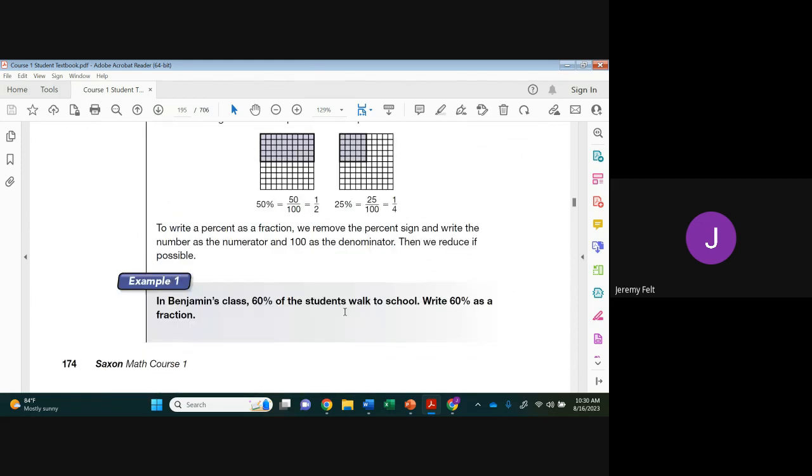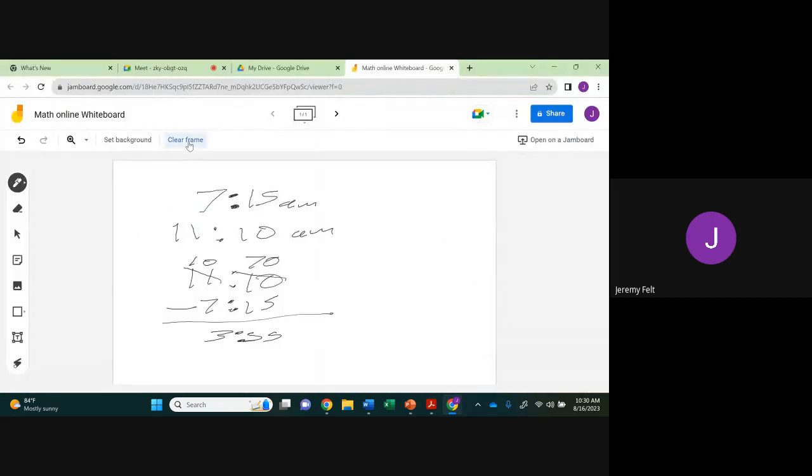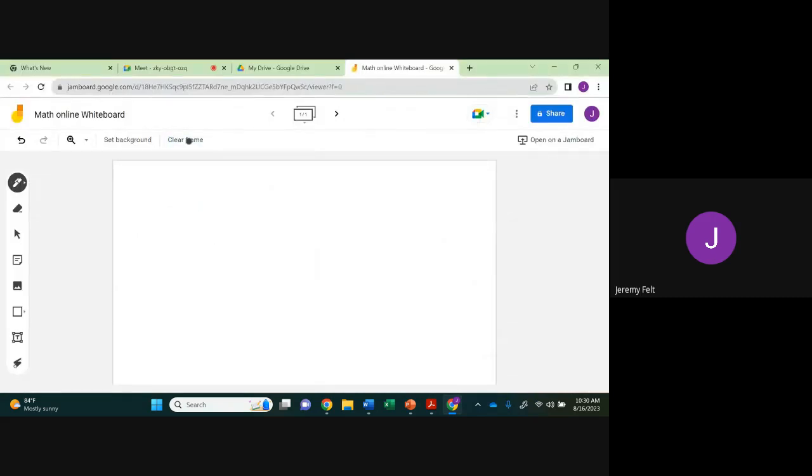Okay, so in Benjamin's class, 60% of the students walk to school. Write 60% as a fraction. Well, 60%, we're going to do 60 per 100. Okay, that's the first thing we do. And then we just reduce. Oh, I see they both end in a 0, so I can factor a 10 out. Again, you may see the greatest common factor right away, which is great.